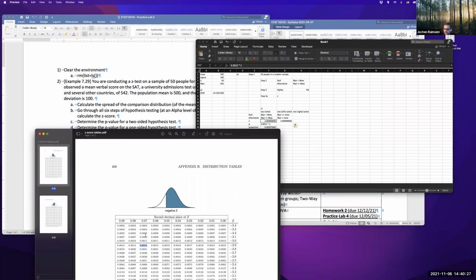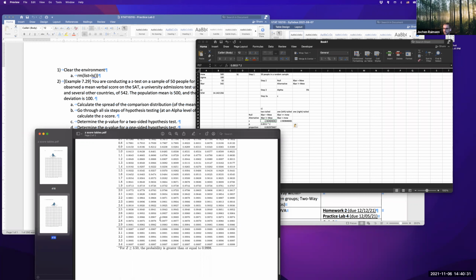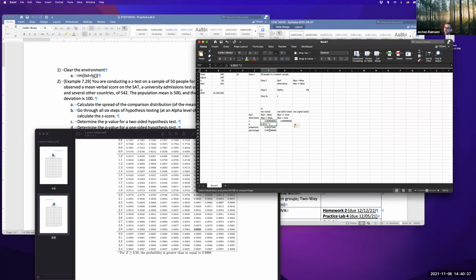That means in this table, we're only looking at 2.97. And 2.97 here is 0.9985, which is the same value as this one, just without the 1 minus. And it's a one-tailed test, which we don't multiply by 2.